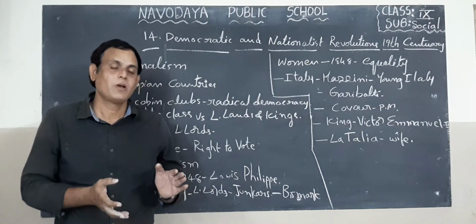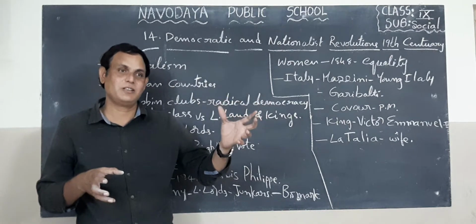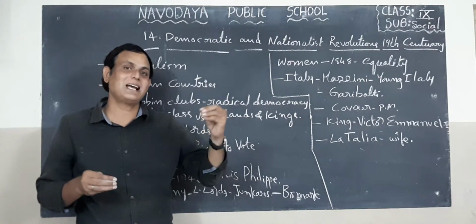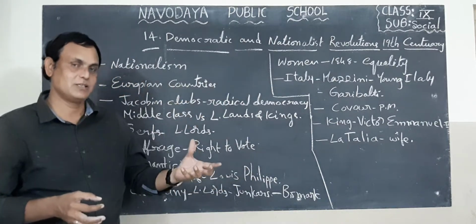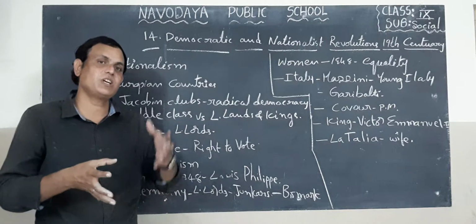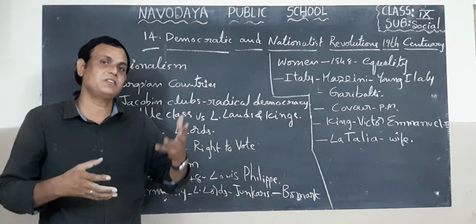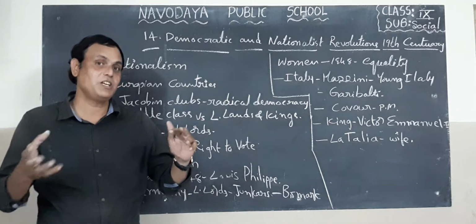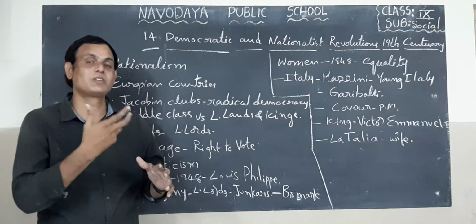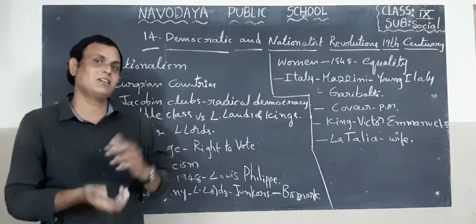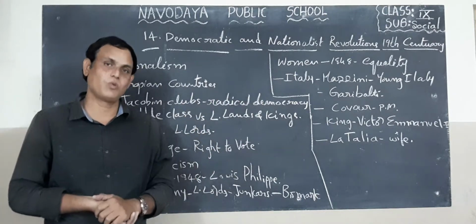That is why the people were always fighting for this right, which is called universal adult franchise. We saw the same situation in England and the same situation in France. In France, the third estate, 90% common people, asked for the universal adult franchise, and finally they got it. Even in England, in 1918, women got the right to vote.